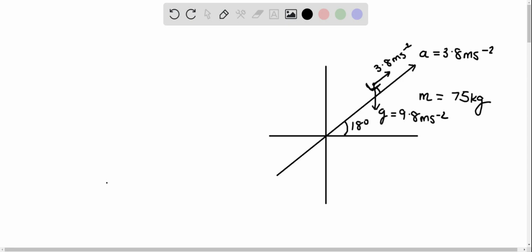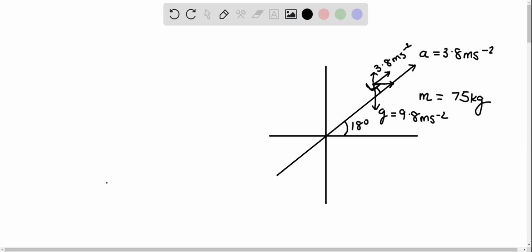Now we can resolve these forces. What I like to do is resolve the 3.8 meters per second squared acceleration into its vertical and horizontal components.